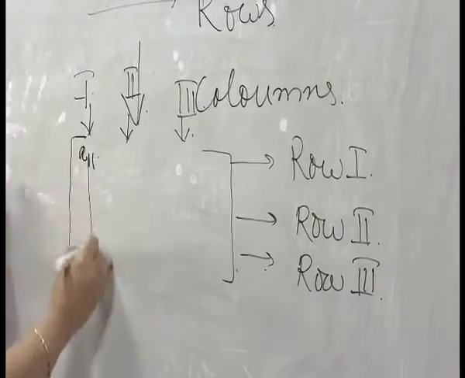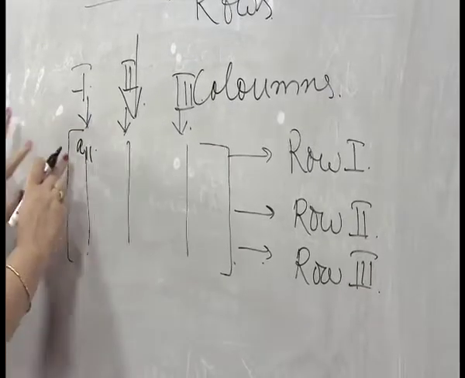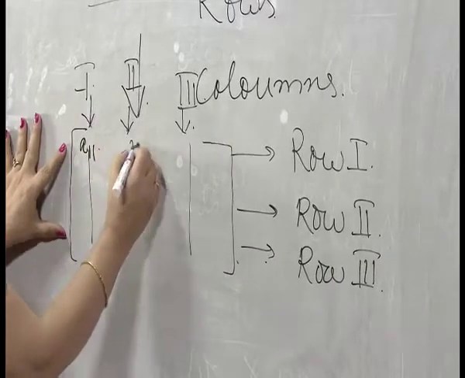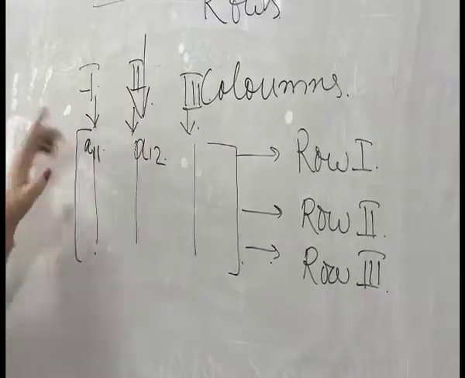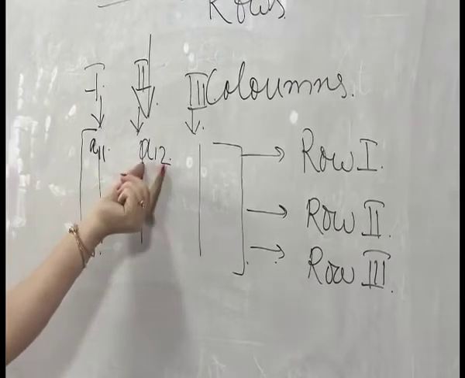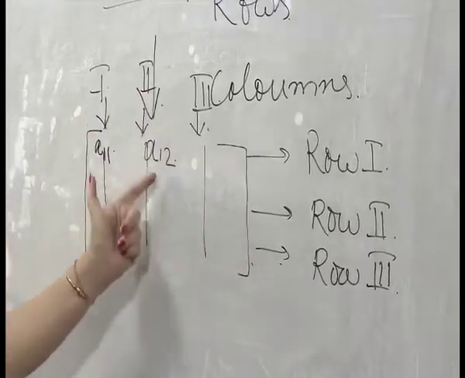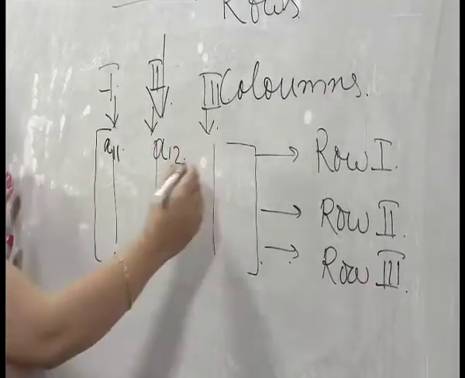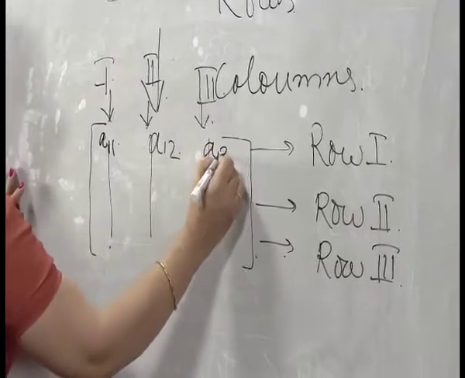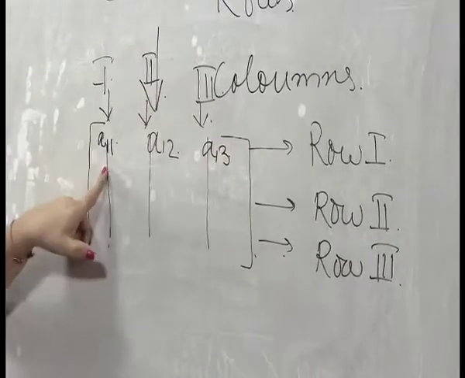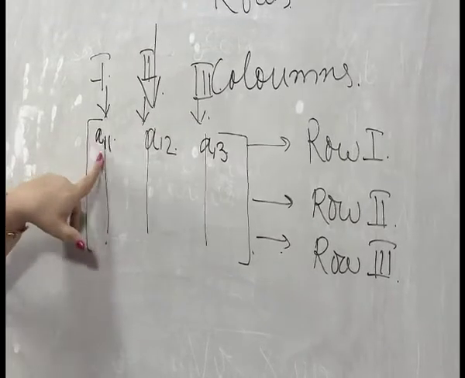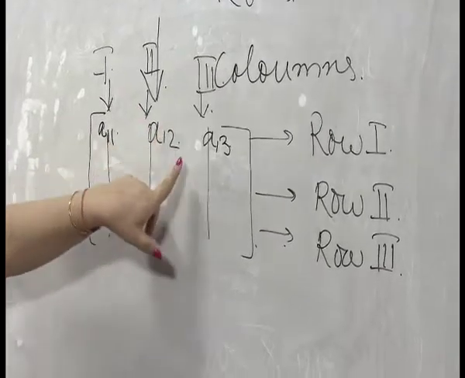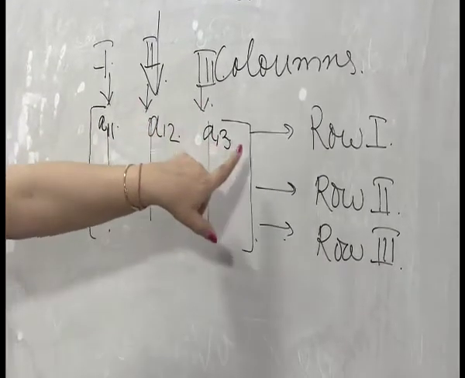That means this is the element in the first row and the first column. Similarly, I can write this element as A12. It means this is an element in the first row and the second column. Now you come to this place, what will you get? This is the element in the first row and third column. So observe it: A11, first row, first column; first row, second column; first row, third column.